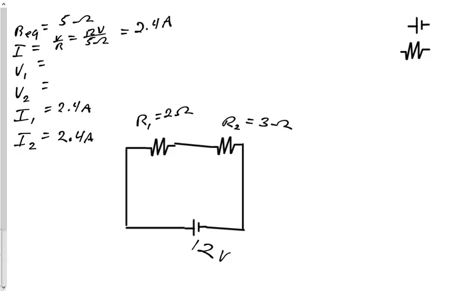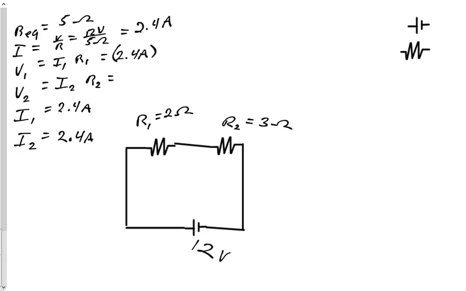And so now we simply apply Ohm's law to each resistor individually. So V equals IR. The voltage for resistor 1 is equal to the current across resistor 1 times the resistance of resistor 1. And the same thing for resistor 2. So let's see, the current across resistor 1 is again 2.4 amps.